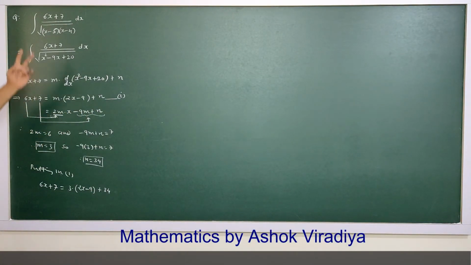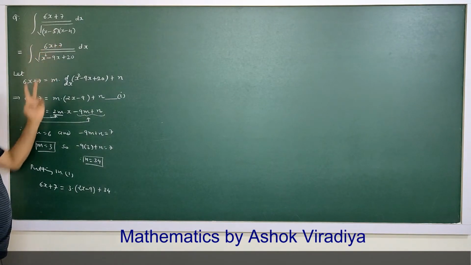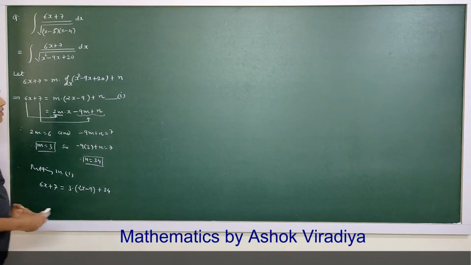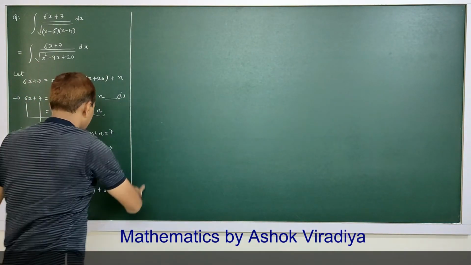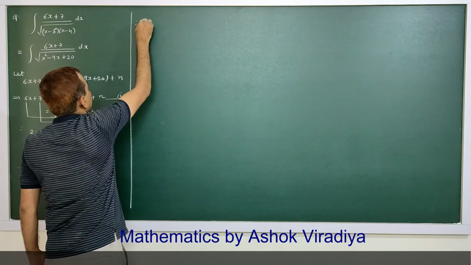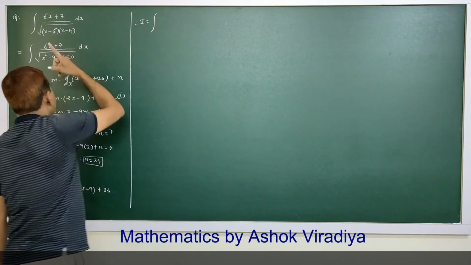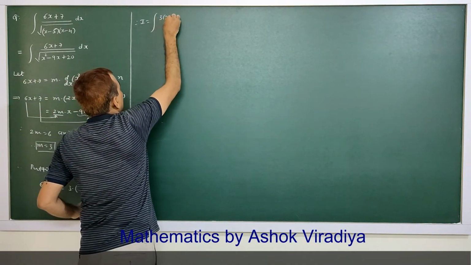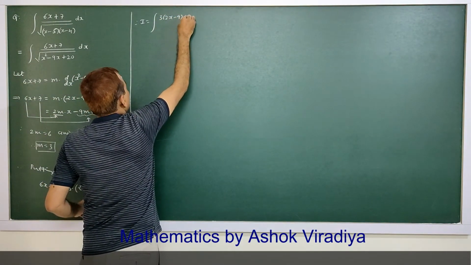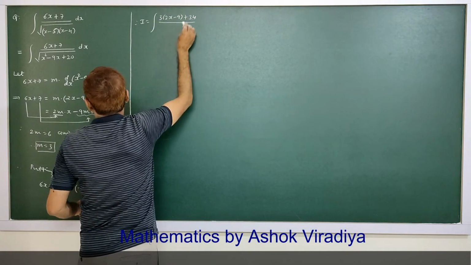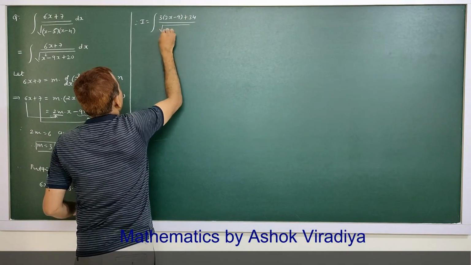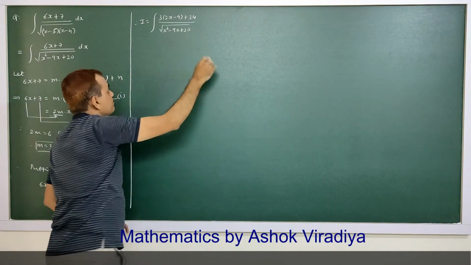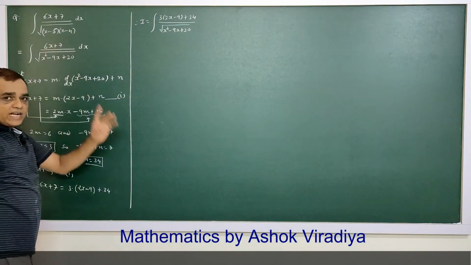So now we replace this 6x + 7 by this expression. Therefore the integral is: 6x + 7 is 3 into (2x - 9) plus 34, upon square root of x² - 9x + 20, into dx.